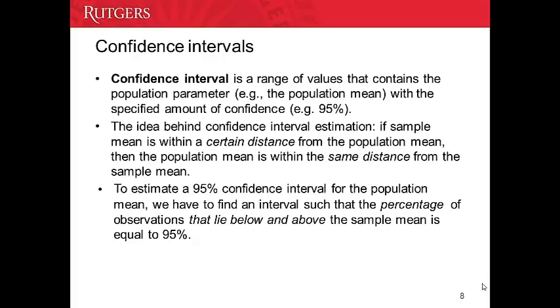Here we can set a 95% confidence interval for the population mean, so we have to find the interval such that the percentage of observations that lie below and above the sample mean is equal to 95%.